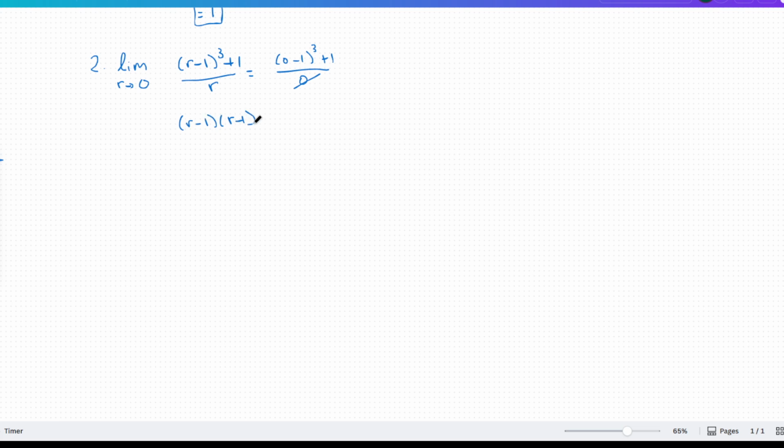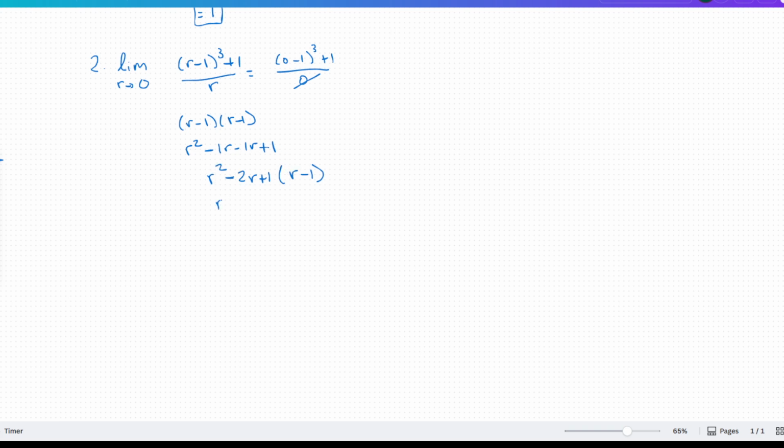So r minus 1 times r minus 1 gives r squared minus 1r minus 1r plus 1. We have r squared minus 2r plus 1, and then we multiply that by our last r minus 1.